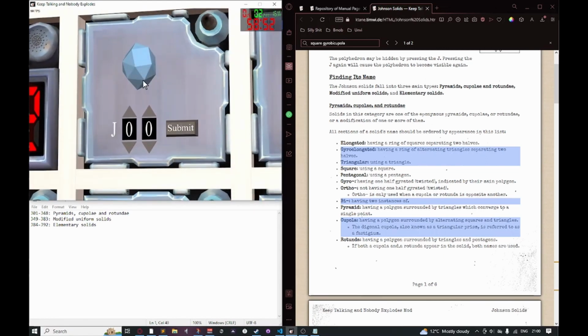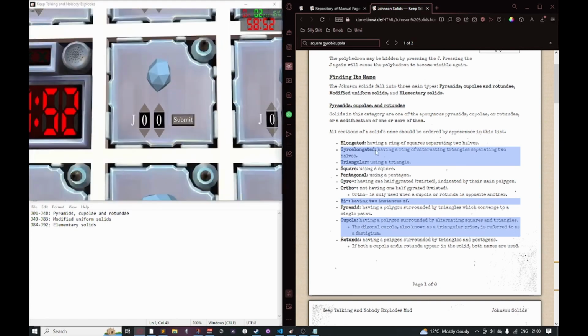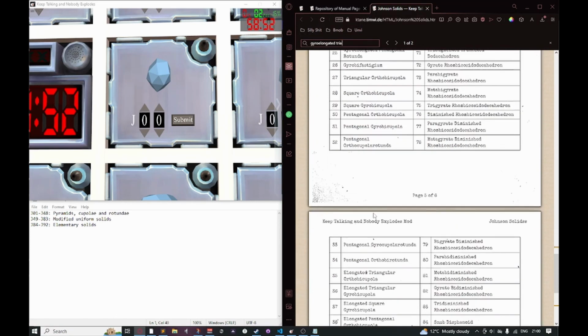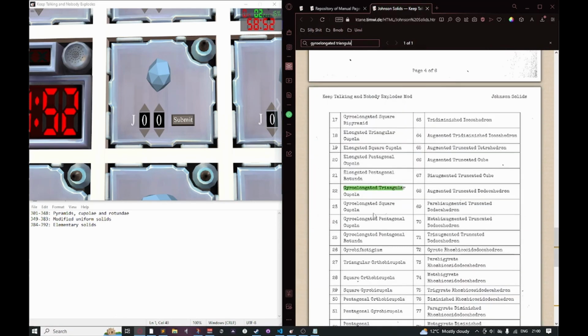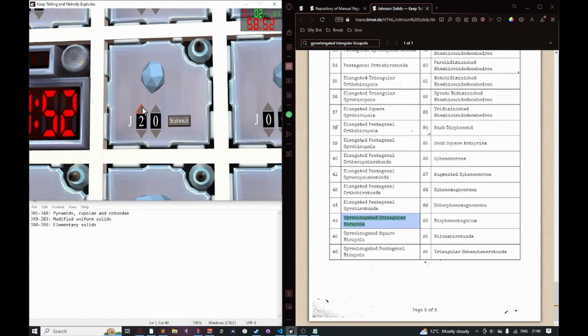This does not line up with any other edge on the other side, because this is a triangle here. So we've just got a gyro elongated triangular bicupola, which is 44.